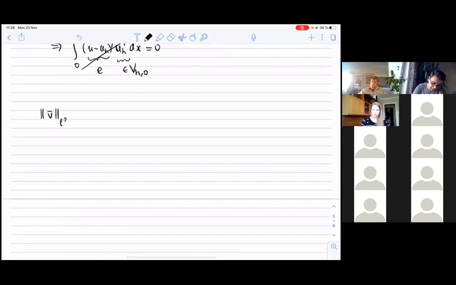This is little l2. The one in MATLAB is norm. This vector v in MATLAB, I think it is written like that. It's the 2 norm in MATLAB.